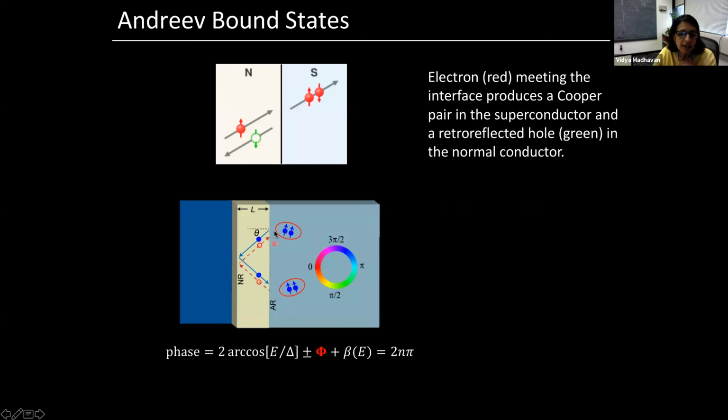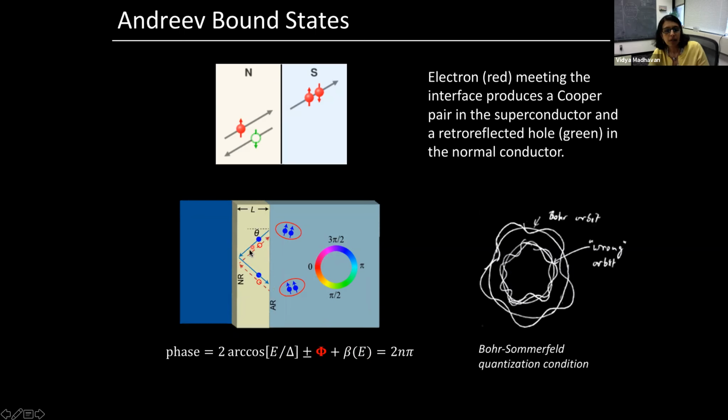So the phase of this electron that's scattering from one side to the other, if it can constructively interfere, then right here in this normal region, you can have an Andreev bound state. The phase is quite simple. You can write a very simple expression for it, and you can show that depending upon what the superconducting order parameter is, different edges in the superconductor can give you different kinds of Andreev bound states. One way to understand this is just like the Bohr-Sommerfeld quantization condition. You have constructive interference if the phase condition is satisfied.